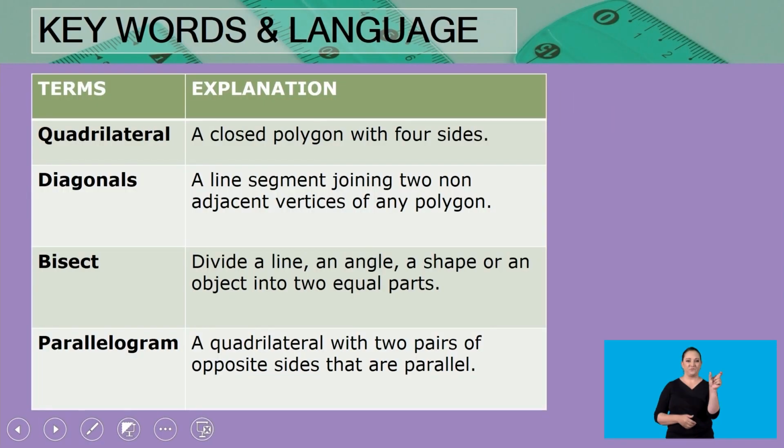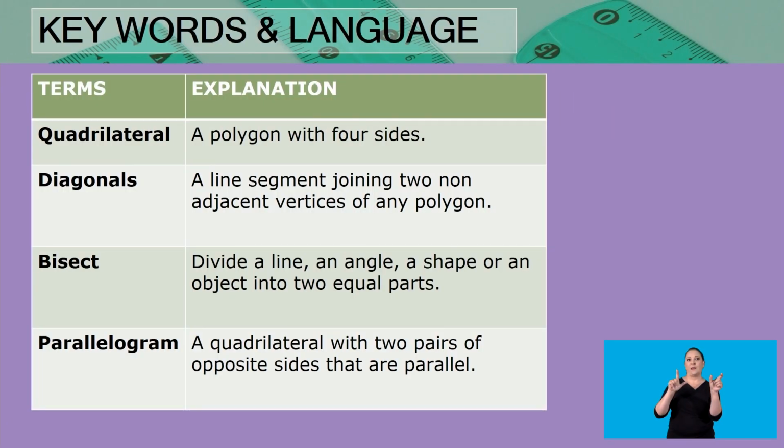Let's move over to the keywords that we are going to be using during this lesson. We are going to be looking at a quadrilateral, and that is a polygon with 4 sides. Then diagonals, which is a line segment joining two non-adjacent vertices of any polygon.